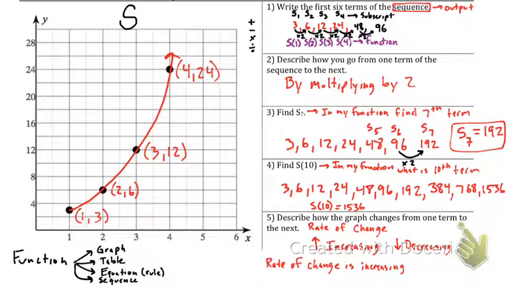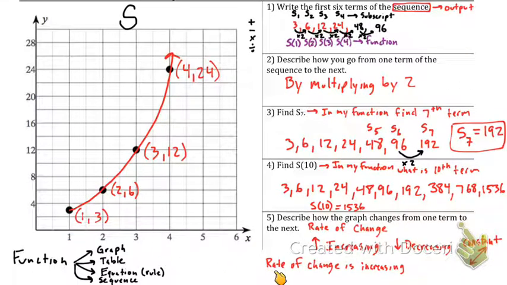Okay? So when your increase is constant, you want to think that my dots are making a straight line. If you look at our particular example, I do not have a straight line. I have a curve. Okay?